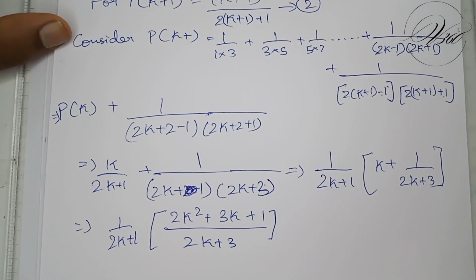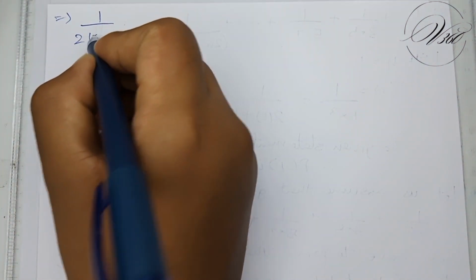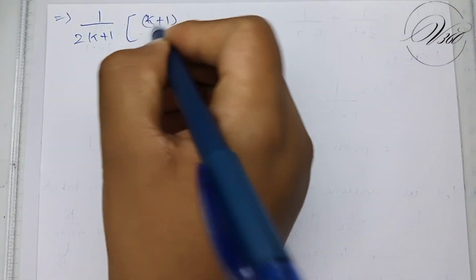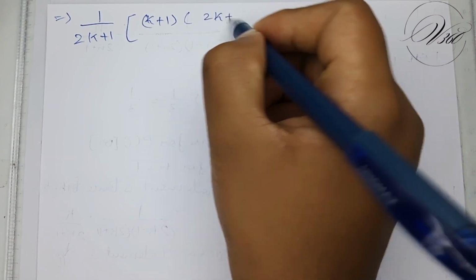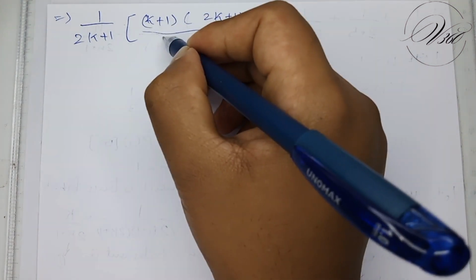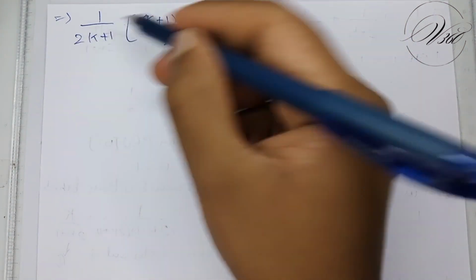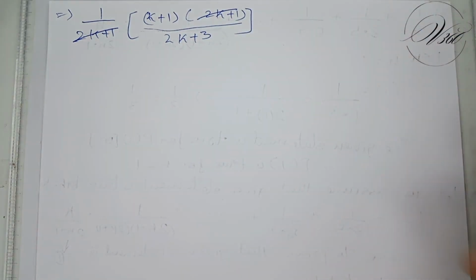Now we'll go to the next step, that is, now here the next step is 1 by (2k plus 1) of (k plus 1) of (2k plus 1) by (2k plus 3). Now this and this get cancelled, okay?